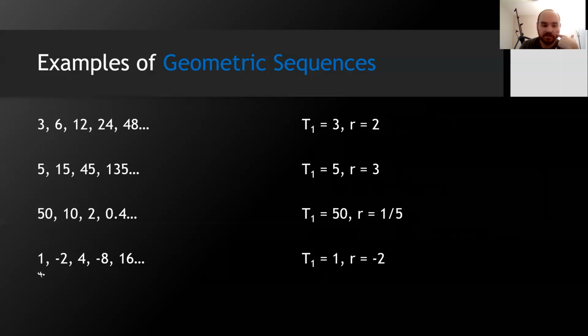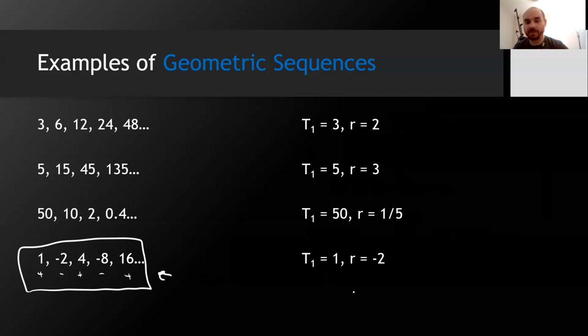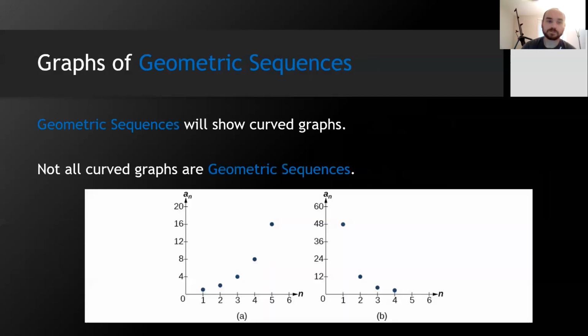So we have a positive, negative, positive, negative, positive. If you ever see a pattern like this, where it's positive, negative, positive, negative, and so on and so forth, it's always going to be a geometric sequence, and your R value is always going to be a negative term. So that's just something to keep in mind.